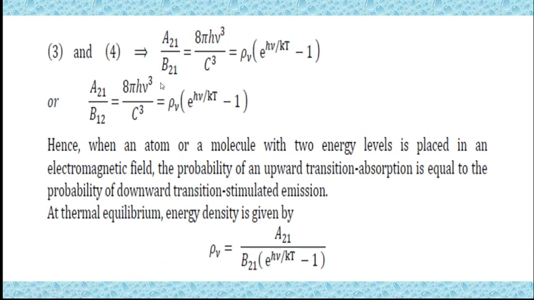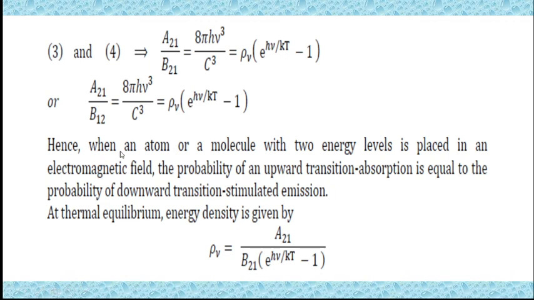Or rewriting this, A21 by B12, since B21 is equal to B12, will be equal to 8 pi h nu cube by c cube.